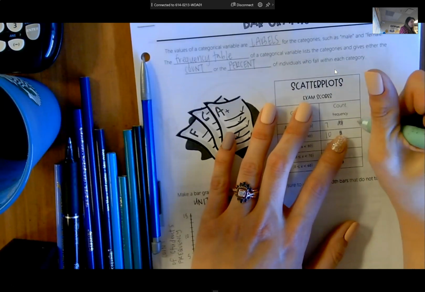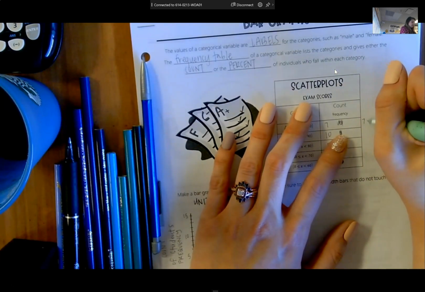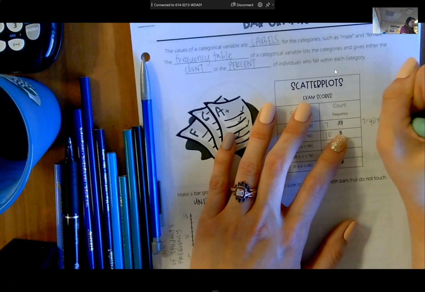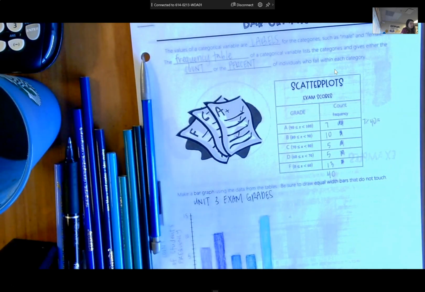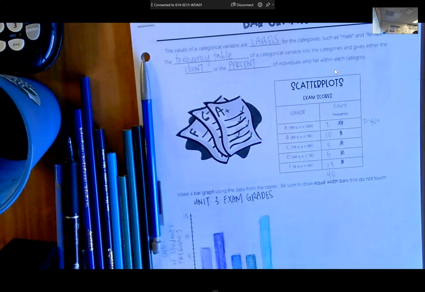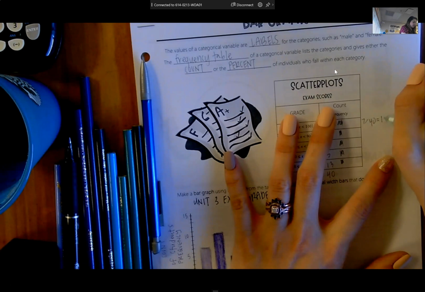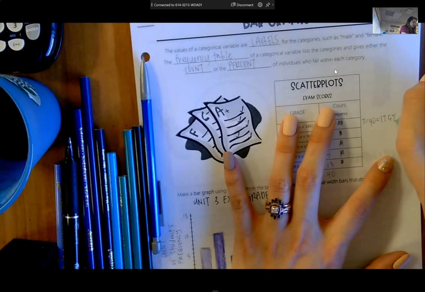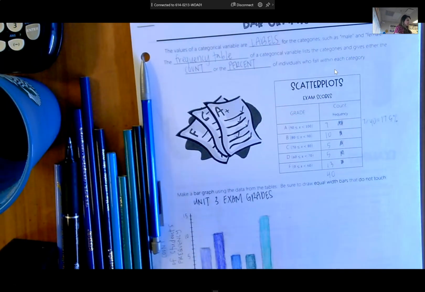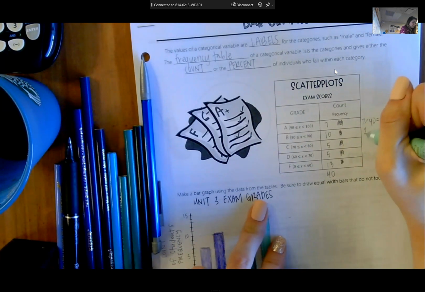So like this one would be 7 divided by 40. So that means 17.5% got an A. 10 out of 40 is 25%.